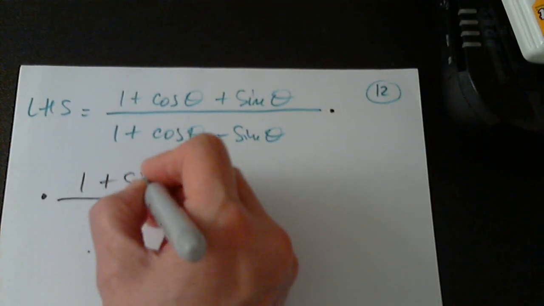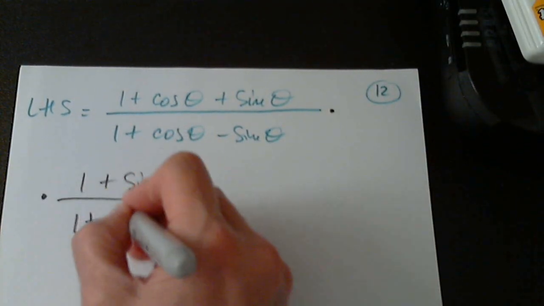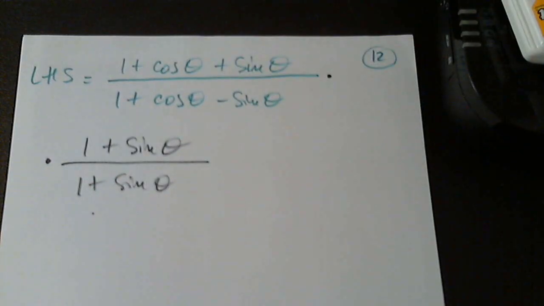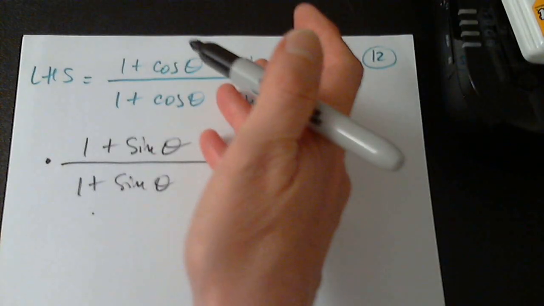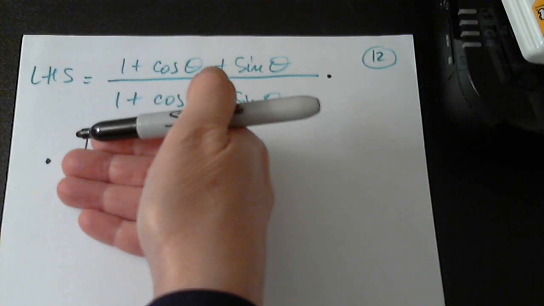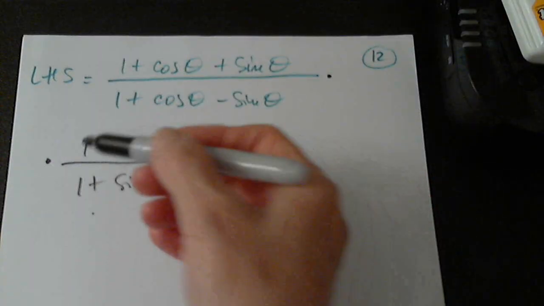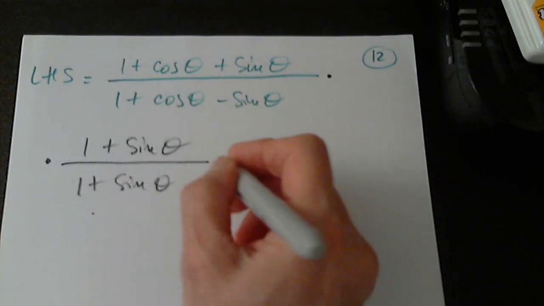So 1 plus sine theta, 1 plus sine theta. So this doesn't change the original problem because this is 1 in the form of 1 plus sine over 1 plus sine.